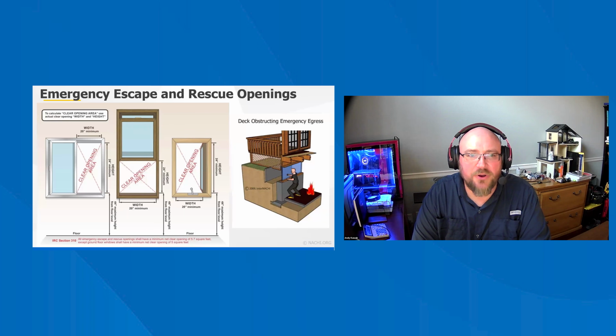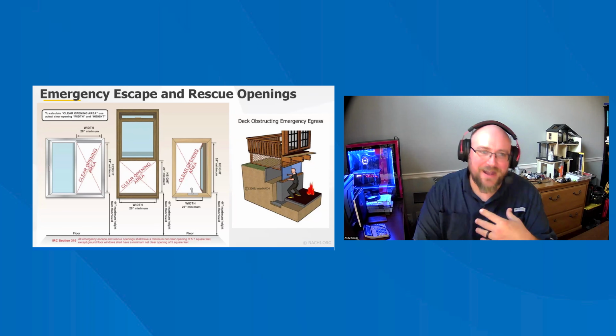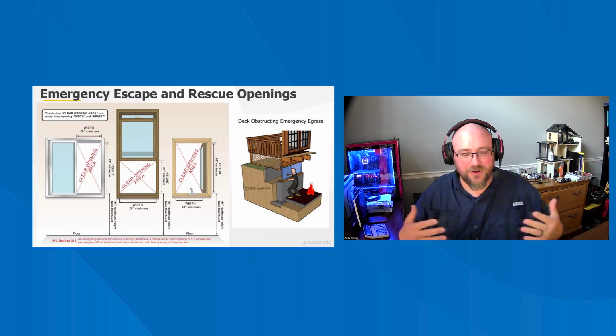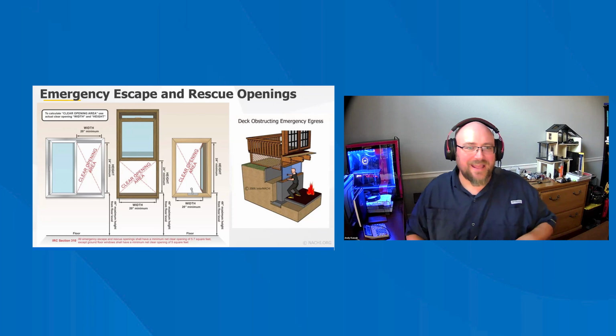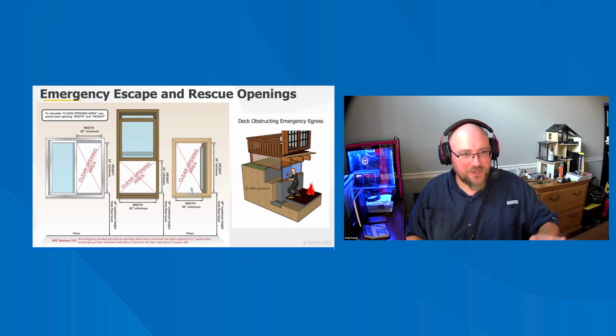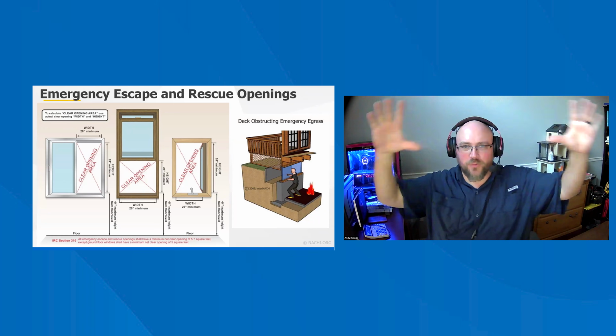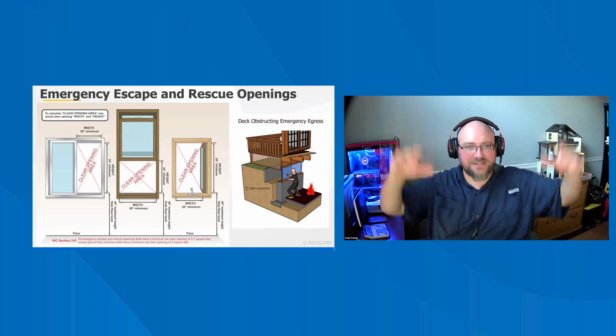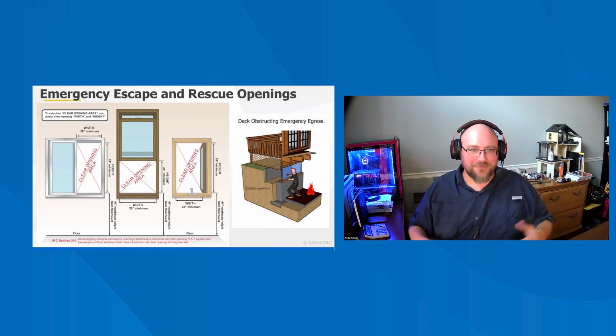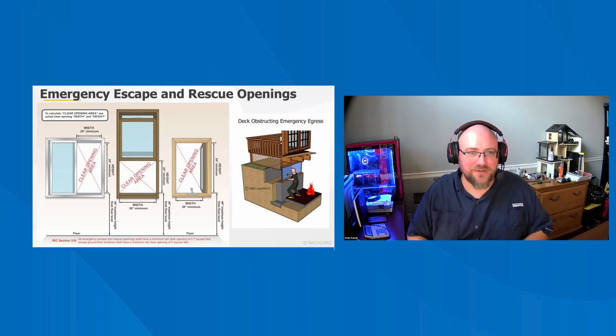Emergency escape and rescue openings. When I do an inspection, if I'm in a basement or a walkout basement or whatever, my first indication is I go down and they just have a square window or a rectangle window that's at the top. That's when my spider sense gets triggered, and I'm like, okay, is this a bedroom?